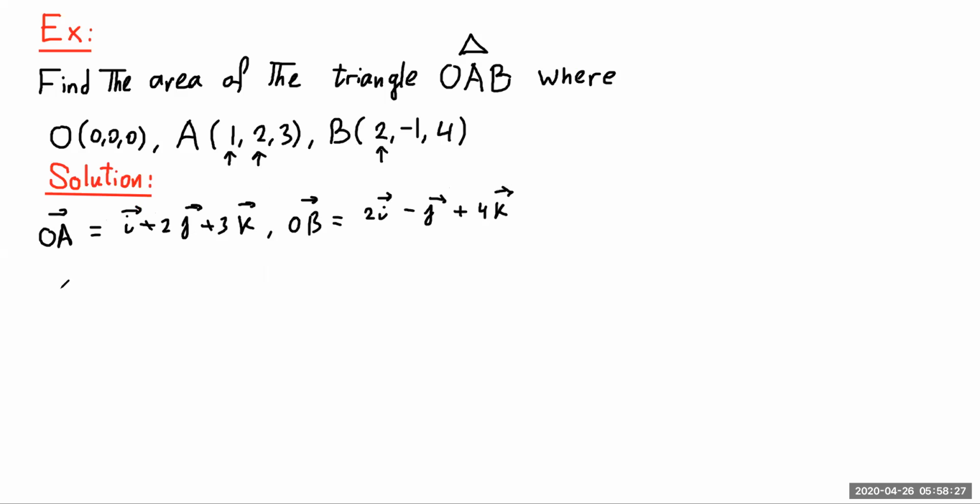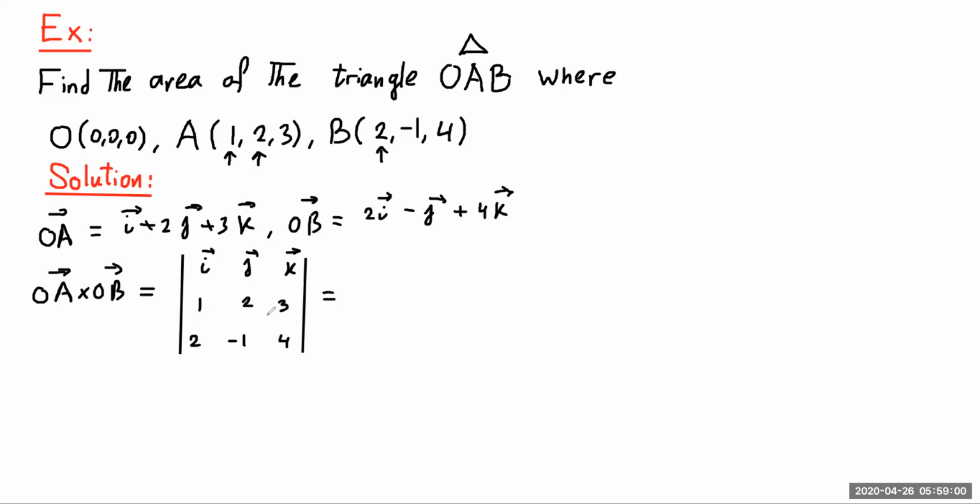Now, before calculating the area, let's calculate OA cross OB. How to calculate this product? It's the determinant with I, J, K, then the first row 1, 2, 3, and the second row 2, -1, 4.